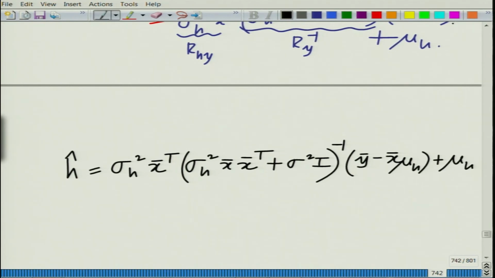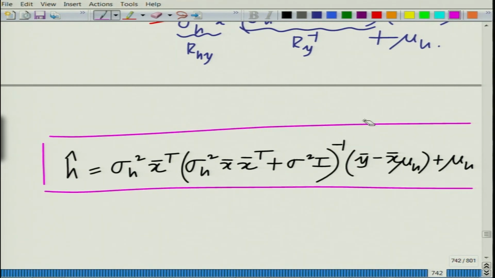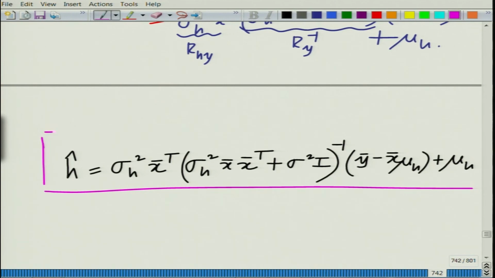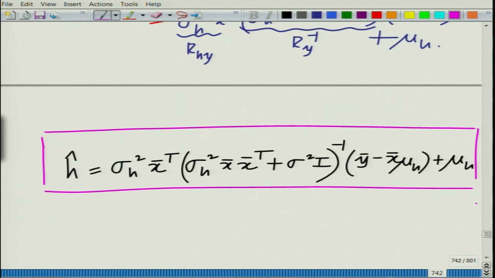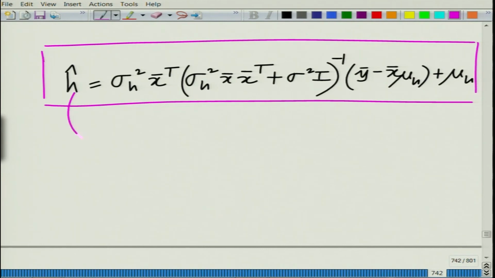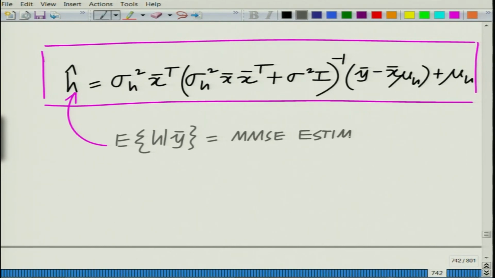So this is the MMSE estimate of h given y bar. This is essentially the expected value of h given y bar, also called the MMSE estimate of h.